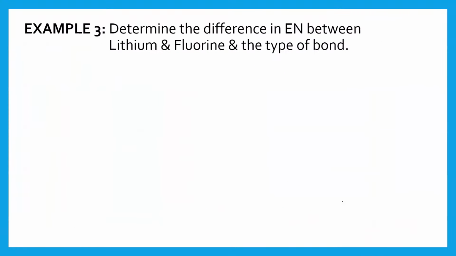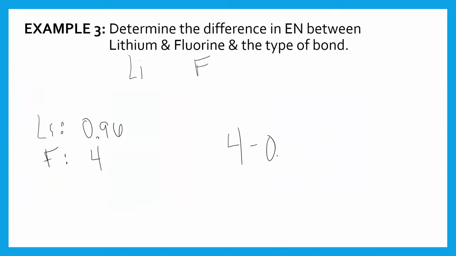All right, try another. Lithium versus fluorine. Lithium is Li, fluorine is just capital F. Lithium's electronegativity value is 0.96. Fluorine has the highest electronegativity value of 4. 4 minus 0.96 is 3.04.